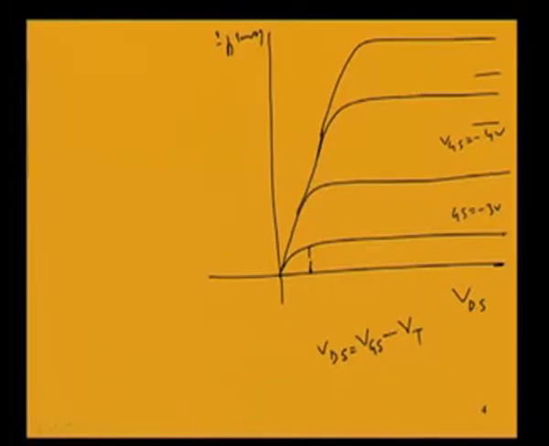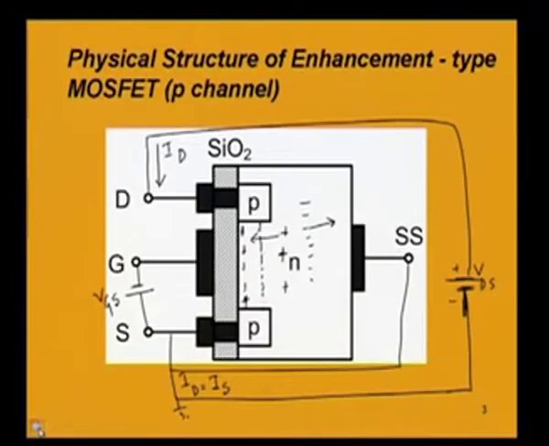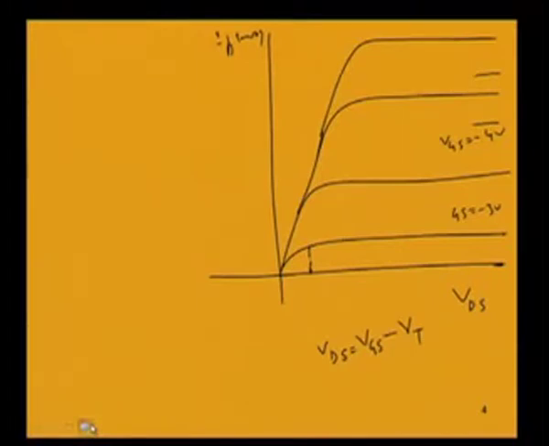Here, the polarities of the potentials are different from the earlier N channel case, and the current directions will also be different accordingly. So, from this plot we can also draw the transfer characteristic for the P channel enhancement type MOSFET.